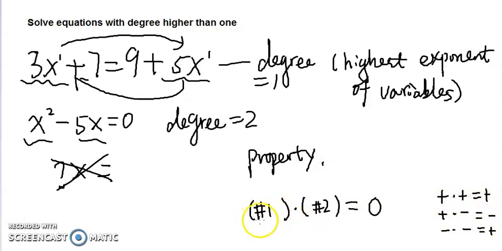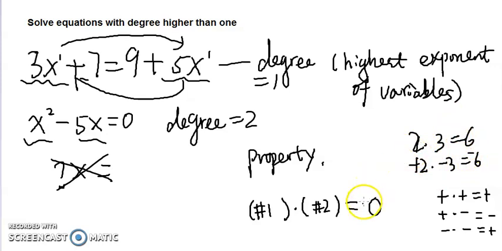So if neither number 1 nor number 2 is 0, there's no way we're going to get 0. You can see some examples. 2 times 3 gives you 6, not 0. Even if you change them to negatives, negative 2 times negative 3 gives you a positive 6, not 0. Or if one is positive and the other is negative, you get negative 6, which is not 0 either.